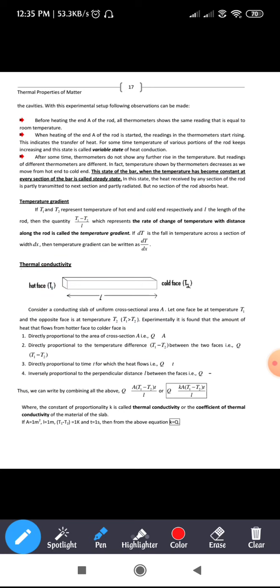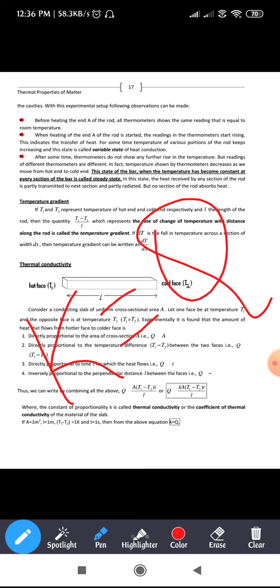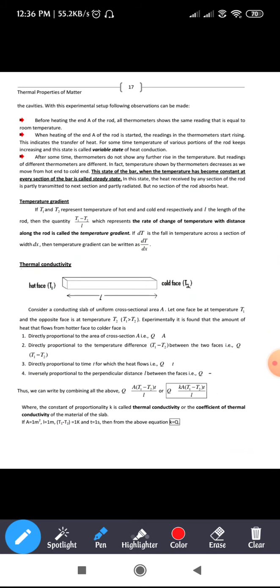If you consider A equal to 1 meter square, that is the area of cross section, the length of the rod equal to 1 meter, the temperature difference between the first face and the second face of the rod equal to 1 Kelvin, and the time equal to 1 second, then the equation reduces to K is equal to Q. So this is regarding thermal conductivity.